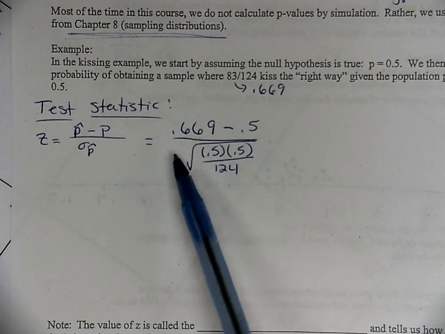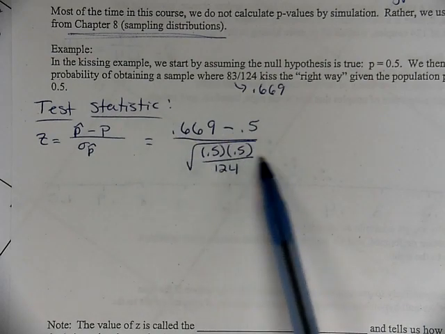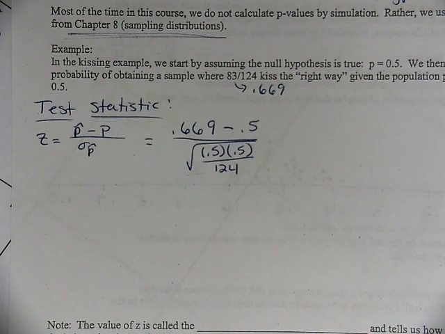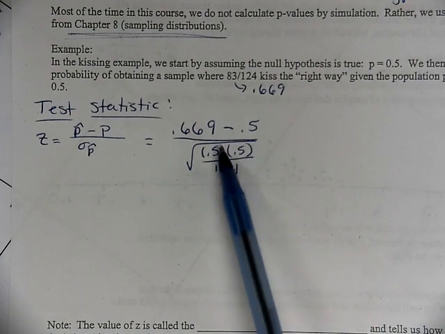You guys actually did a lot of this in Chapter 9 too. It's like the second part of your confidence interval, whatever you did after Z star or T star.